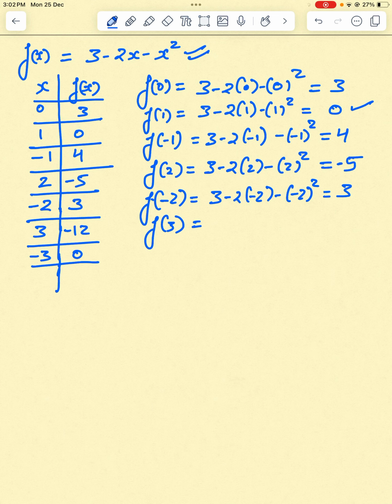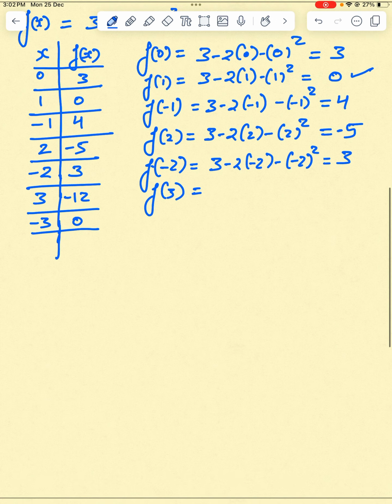So it's a zero of the polynomial. There are 2 zeros we are getting from our various assumed values of x.